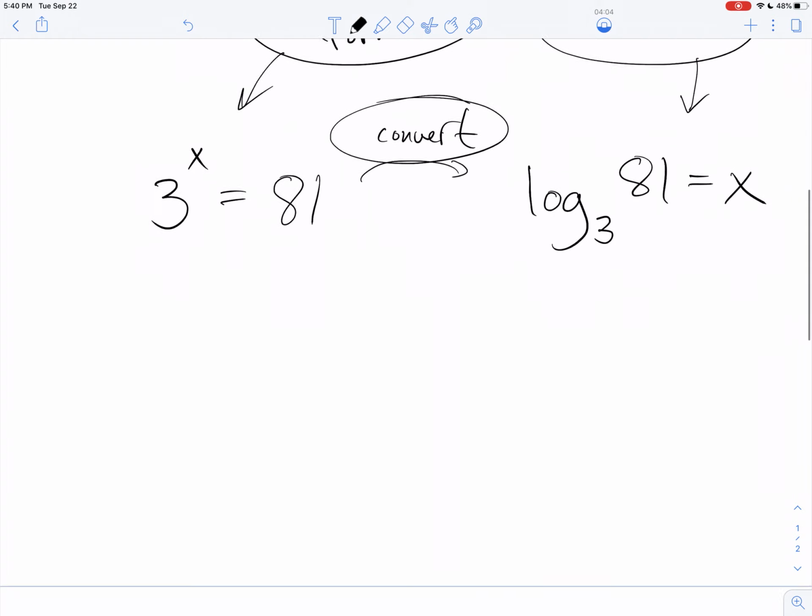So what they're going to do in the book is they're going to show you different problems. I'm going to start you off with exponential form. So they might do something like this. X to some power equals 16. They're not asking you to tell them the answer is 4. 4 squared equals 16. They're not.